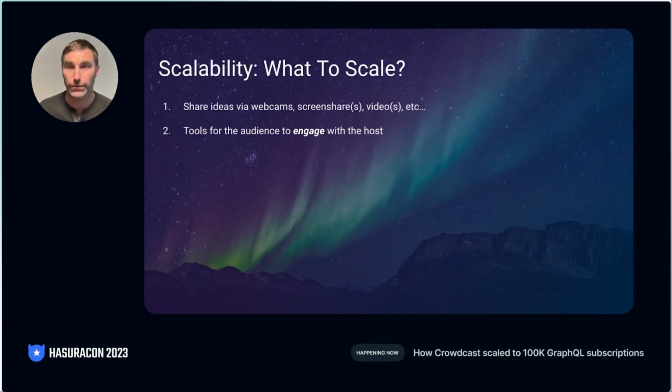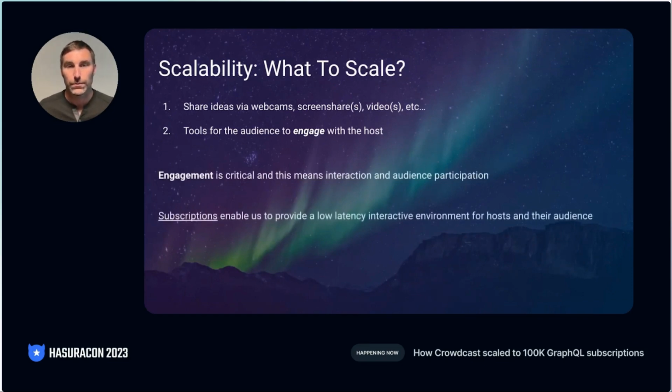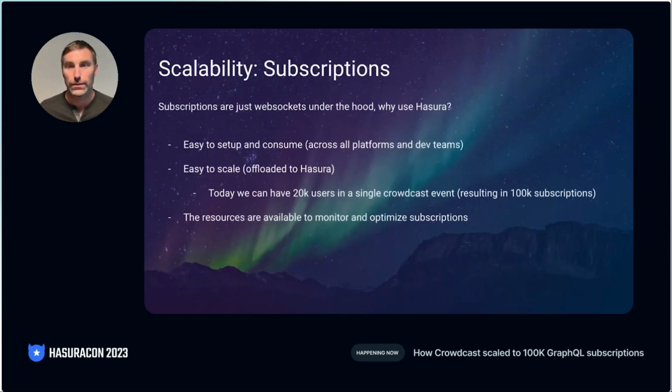Allowing the host, the presenters, and the audience to have a two-way conversation is a very important part of the Crowdcast experience. Engagement is critical for us, and subscriptions are a way for us to provide that low latency environment between the host and the audience. This is what we need to scale and how we're going to do that.